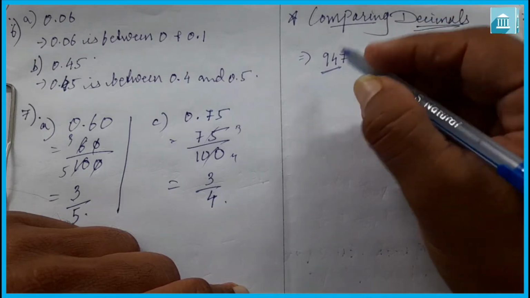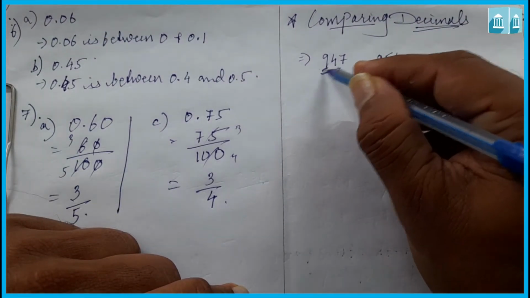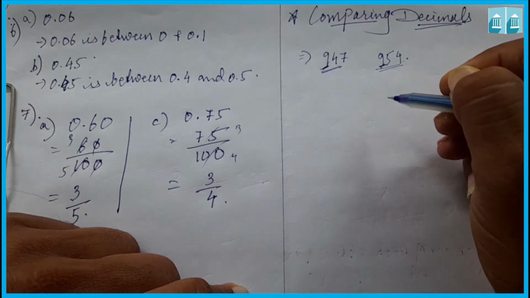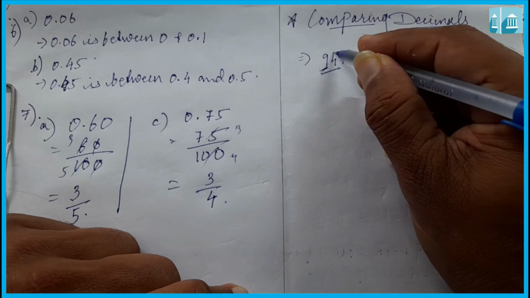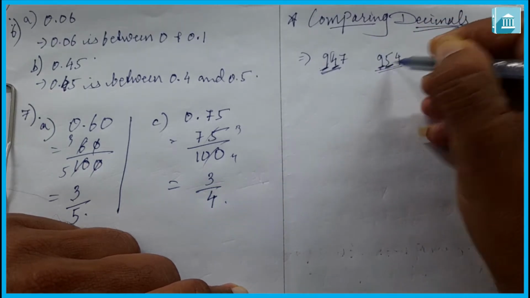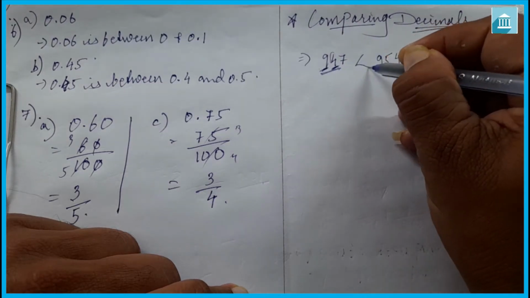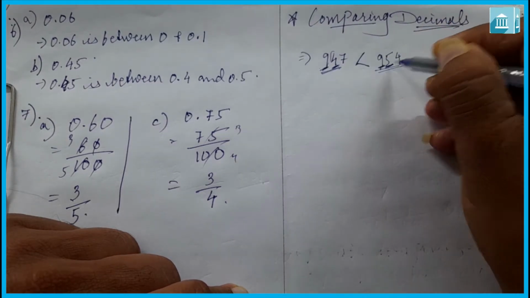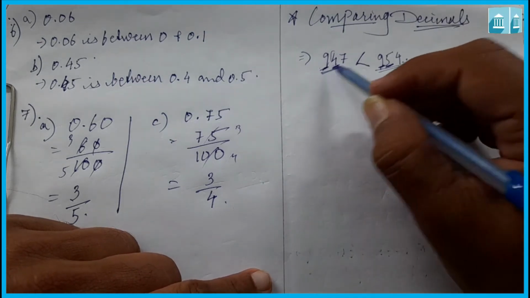So now we have to see the first digit. Here the first digit is 9, here also 9. Now we see the second digit: here it is 4, here it is 5. Simply we can say that 947 is less than 954. So in this way we can compare.